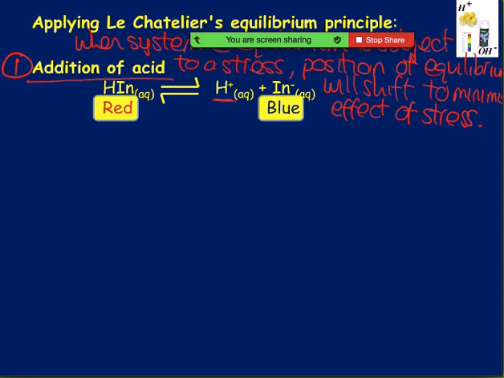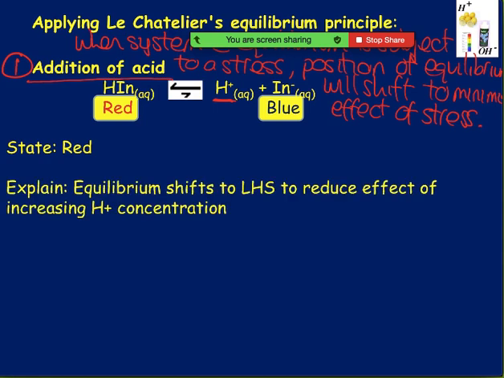This is the acid. So if I add acid, which way is it going to go? To the left. So in terms of our statement, it's going to go red, and the reason is equilibrium will shift to the left-hand side to reduce the effect of increasing H+ concentration. So you have to recognize that acid is H+.